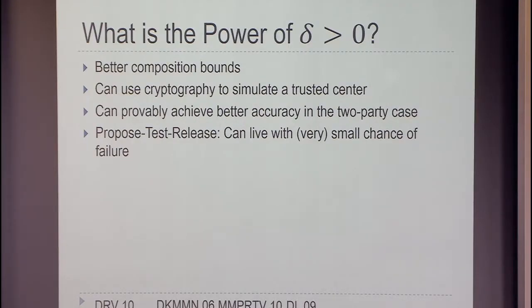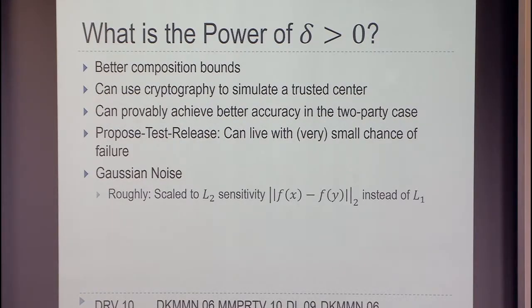You can live with perhaps some tiny cryptographically small probability of a complete privacy breach. As I said, this little escape hatch. And that lets you do some things that you couldn't otherwise do.